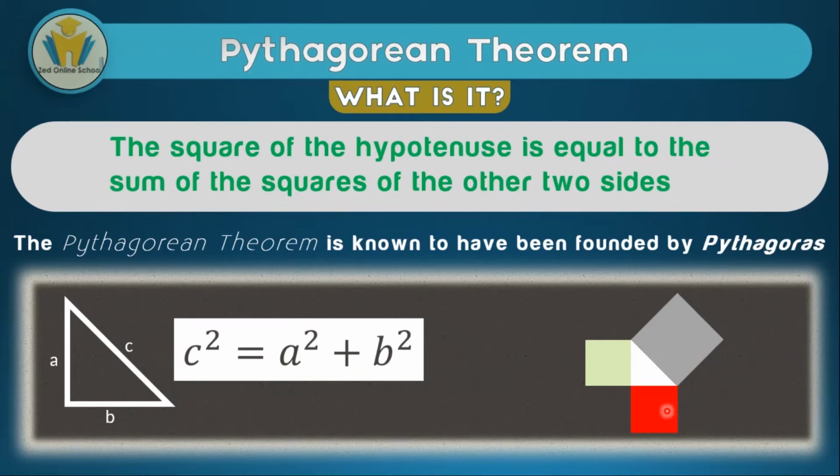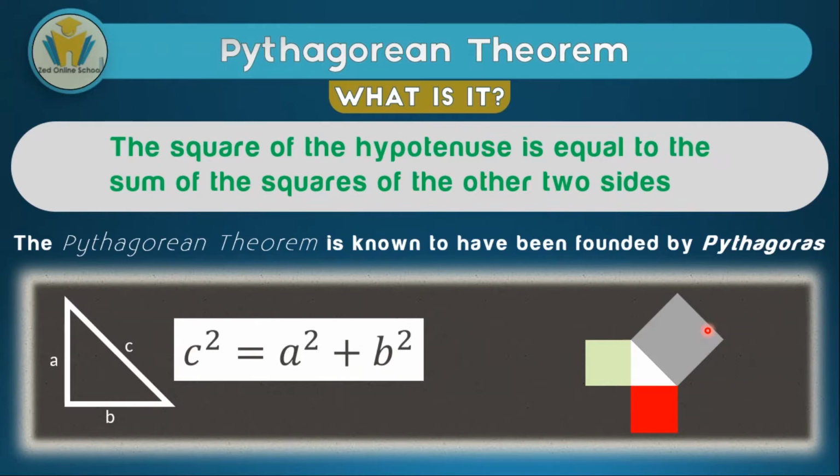And the other two sides are going to have smaller squares than the square formed using the hypotenuse. One thing that was found to be a bit special was that if the areas of these two other smaller squares were added, the area that was found was equal to the area of this biggest square.